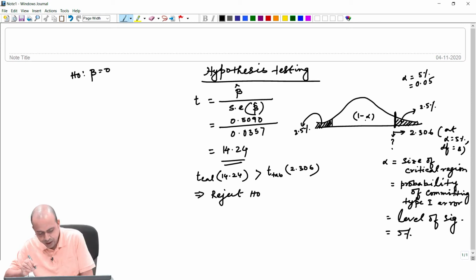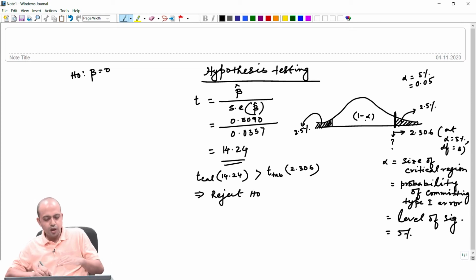Now, from this diagram, if you reject your H naught, that means we can establish our claim that yes, income has significant impact on consumption. From the diagram, one thing is very clear: if a particular variable is significant at 5%, will it be significant at 10%?